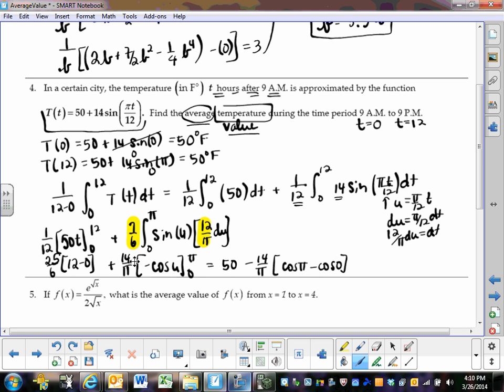So notice that I factored this negative out. Cosine of pi is -1. Cosine of 0 is 1. So we end up with 50 minus 14 over pi times -2. So 50 plus 28 over pi degrees Fahrenheit.